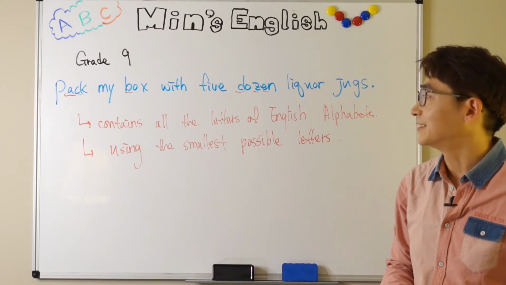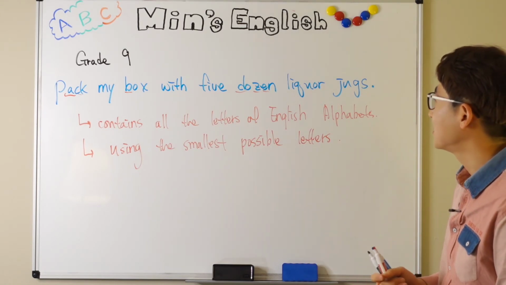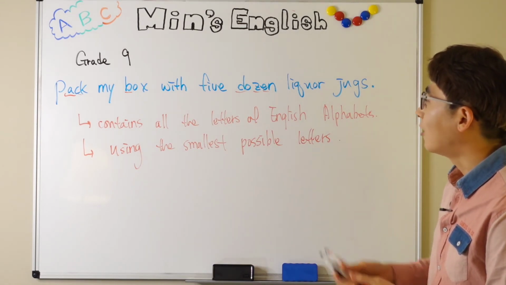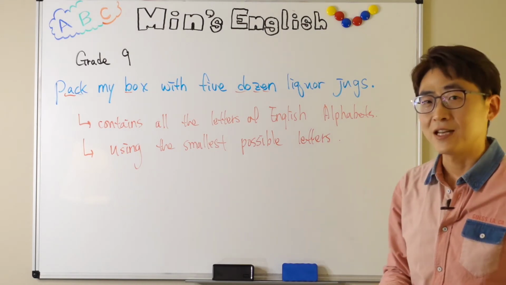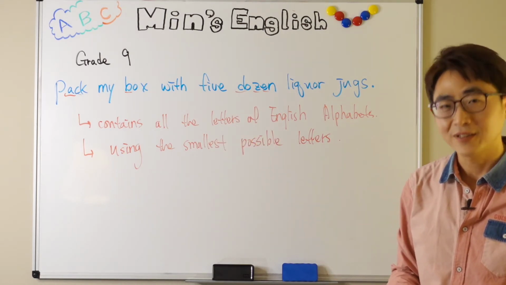Magical, right? So pack my box with 5 dozen liquor jugs. That's all the English alphabet we have over there, right there. Okay?